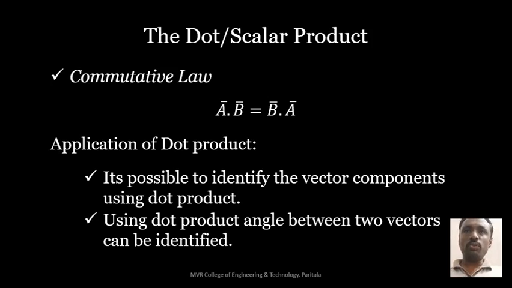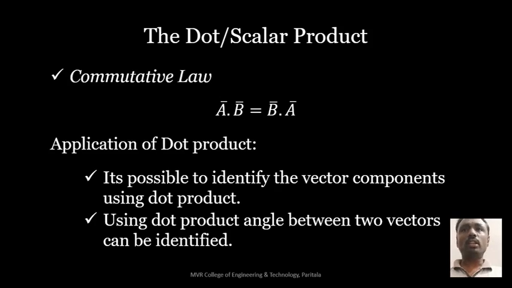So if you know the magnitudes as well as the vectors, cosine theta AB is equal to A bar dot B bar divided by magnitude of A and magnitude of B. In that way you can identify the angle between two vectors.